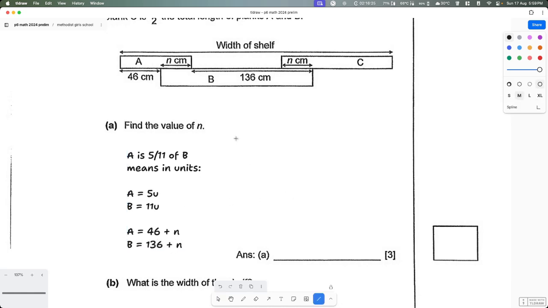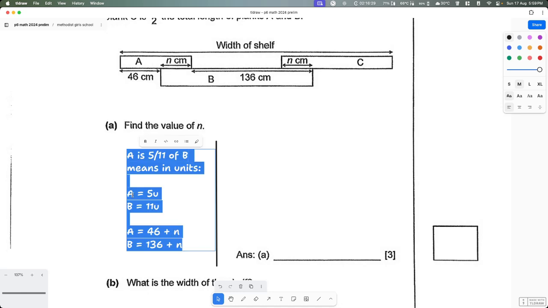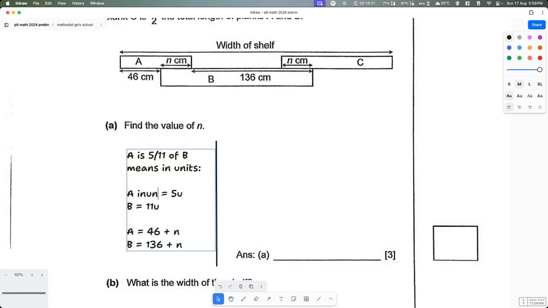Okay, so now we can have A in units, and then B in units. B minus A in units is equal to 11 minus 5, and this will give us 6 units, right?